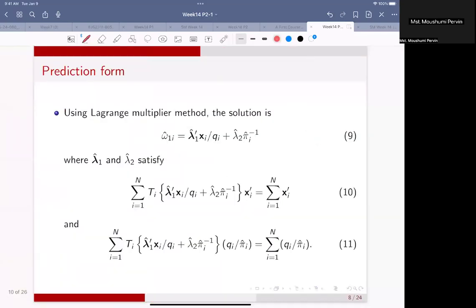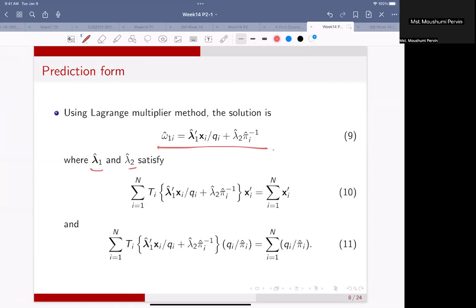So that leads to this. That's how you get this. And then where do lambda 1 and lambda 2 come from? Well, they can come from the calibration equation constraint.